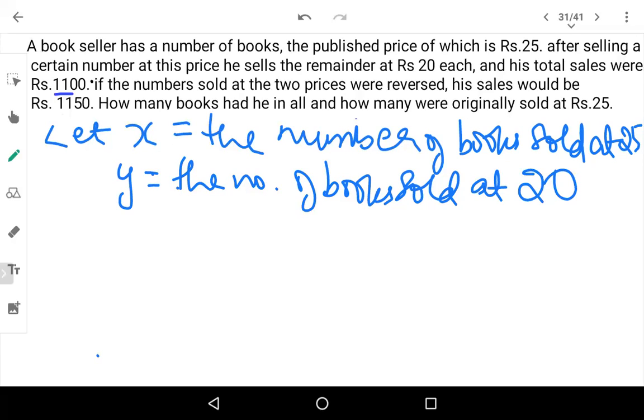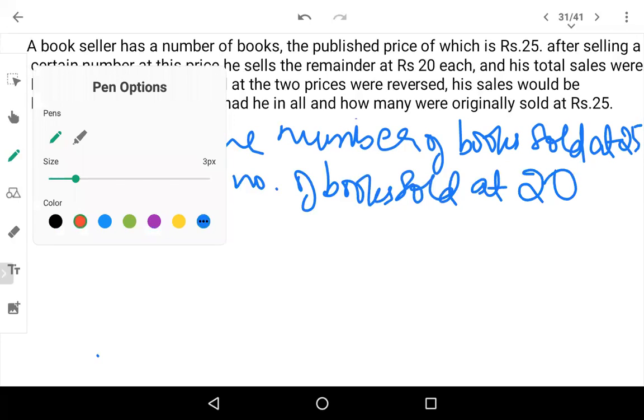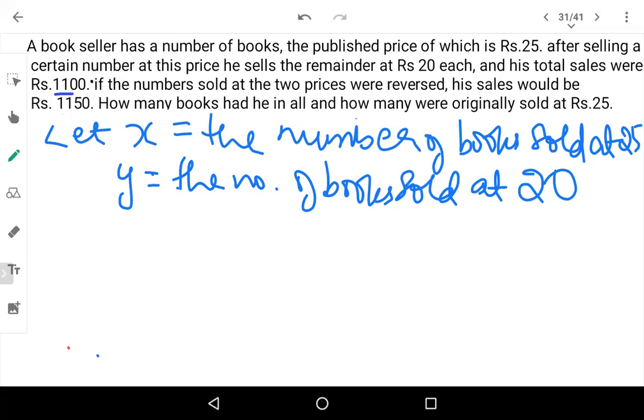Now, by keeping this derivation, what is the equation we will get, as per the first line? Sorry, 25x. First x is 25, right?